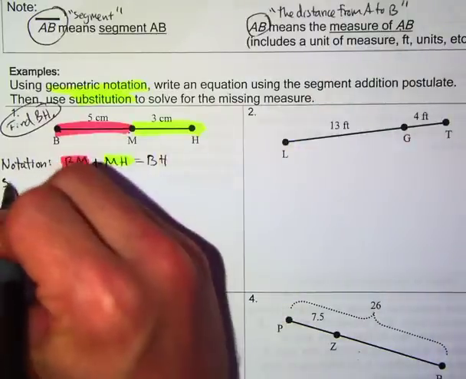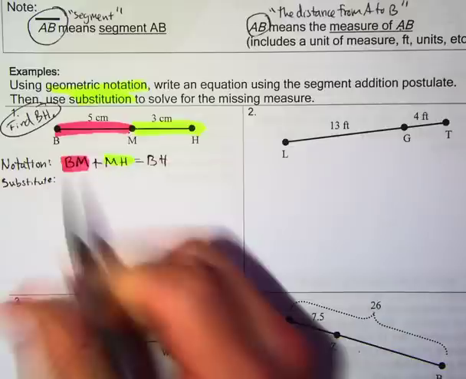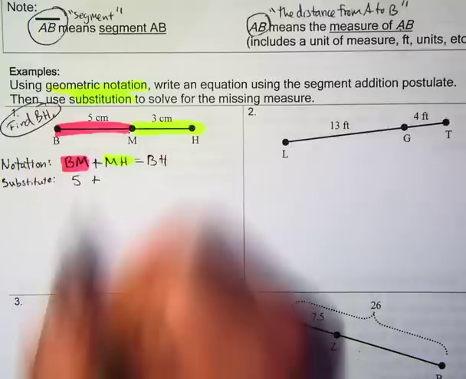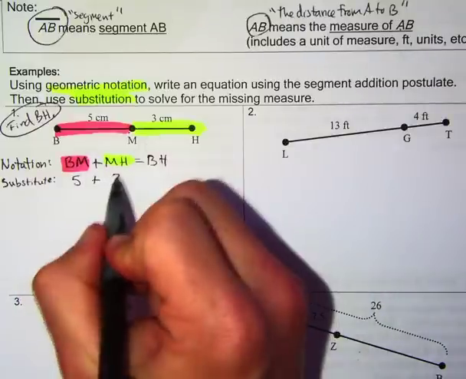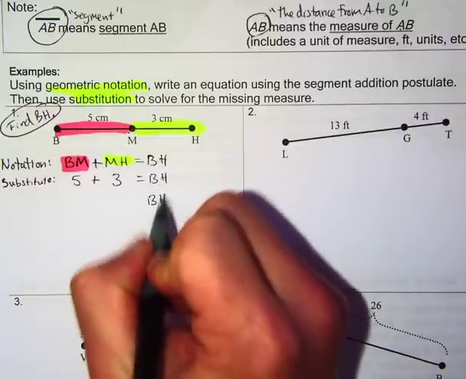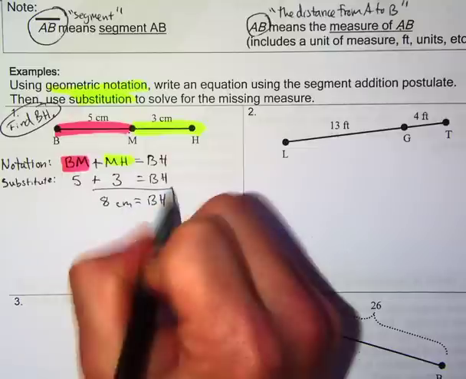So now I'm going to go ahead and substitute. So instead of the distance from B to M, I'm going to put 5, because that's how long it is. And I'm going to put 3 for the distance from M to H. So finally, the distance from B to H overall is equal to 8, and in this case, centimeters.